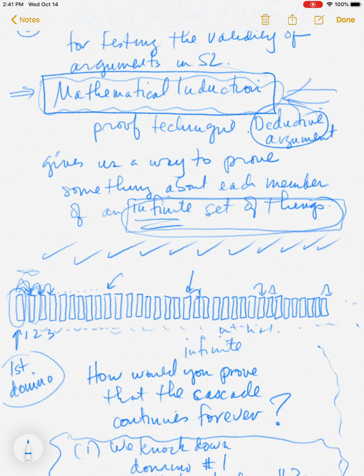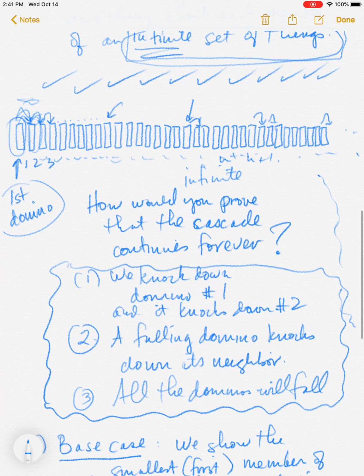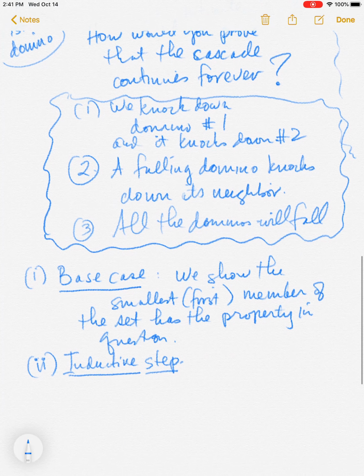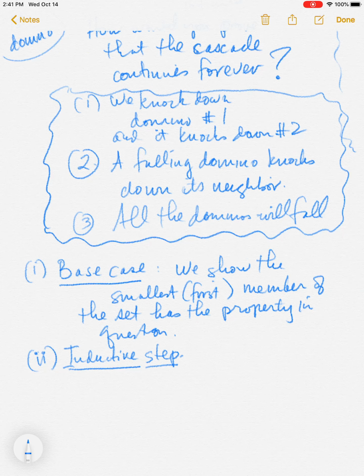Even though this has the word induction in it, any proof by mathematical induction is a deductively valid argument. It's not an inductive argument. And I think you'll get a little sense of why it's called mathematical induction as we continue.